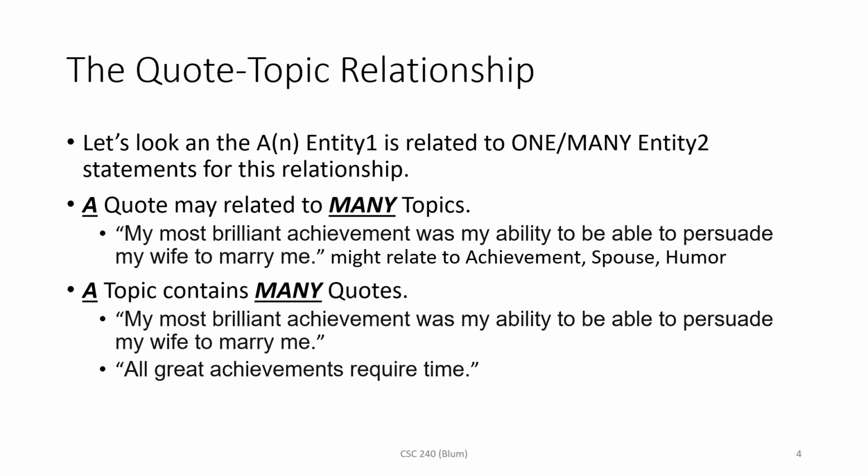"My most brilliant achievement was my ability to be able to persuade my wife to marry me" is about achievement. And the Maya Angelou quote that we had, "All great achievements require time," is about achievements. So the topic has many quotes, and a quote can belong to many topics.